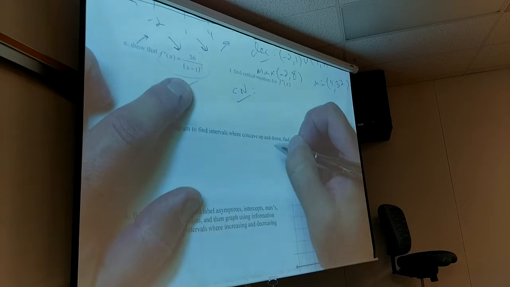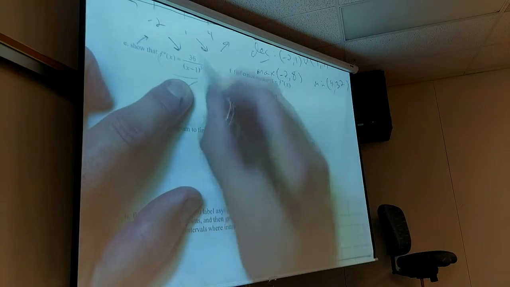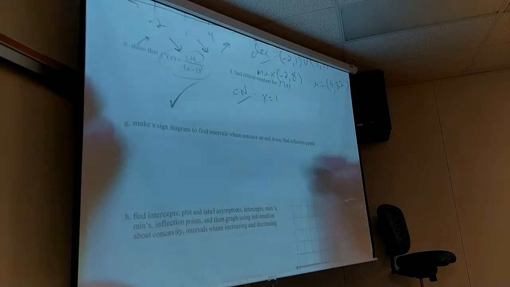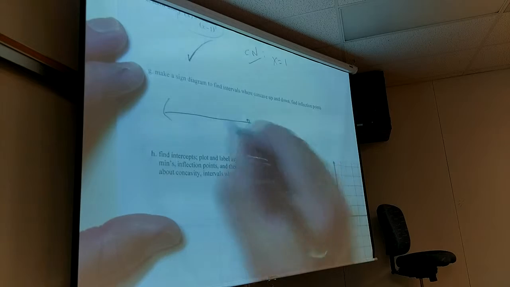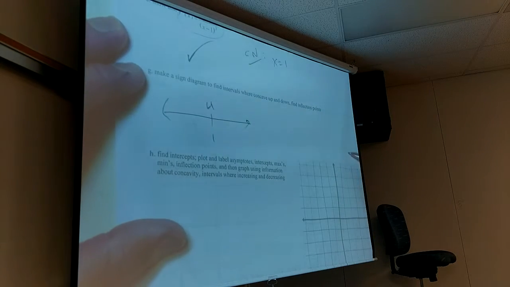What's the critical numbers? 1. It makes it undefined. There's no way to make it 0 because the top is always 36. I like it. So sign diagram, throw 1 in there. It's undefined at 1.